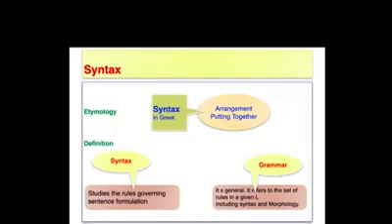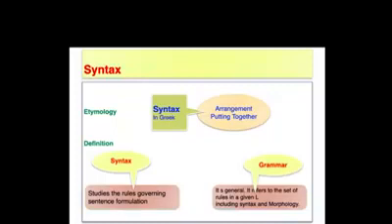It is said that syntax studies the rules governing sentence formulation, which means how sentences are arranged, the specific order they follow.